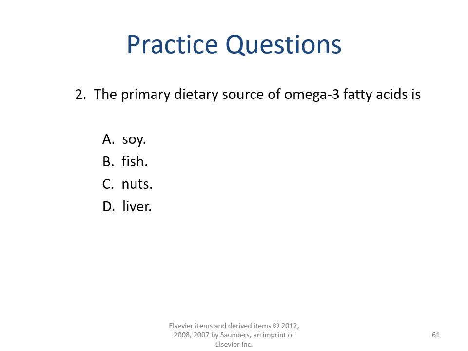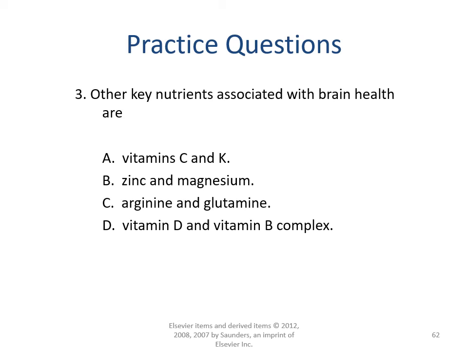The primary dietary source of omega-3 fatty acids, in the highest quantity, where we're looking at EPA and DHA, is going to be answer choice B, fish. The other key nutrients associated with brain health that we discussed are going to be answer choice D, vitamin D and the vitamin B complex.